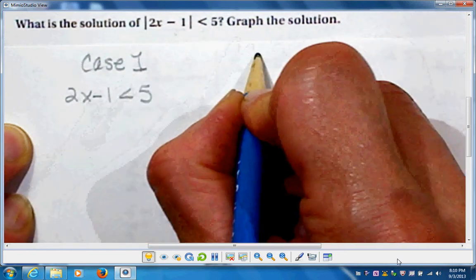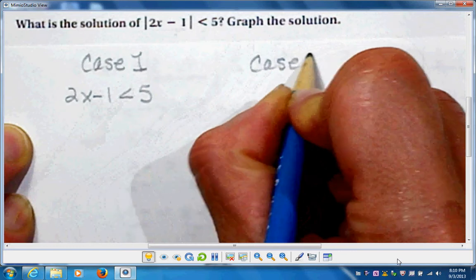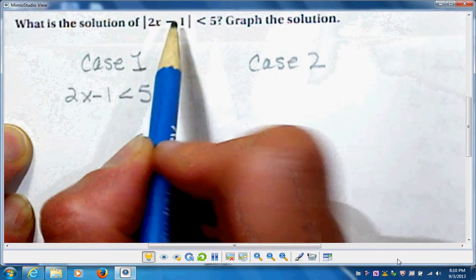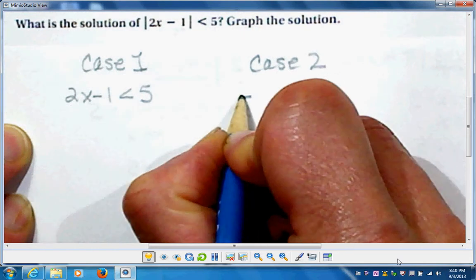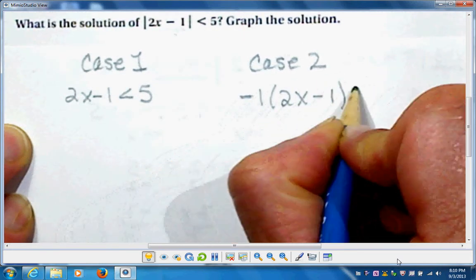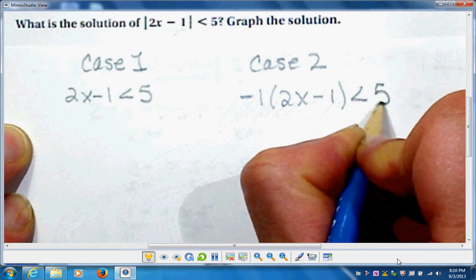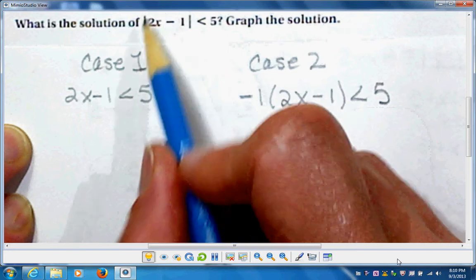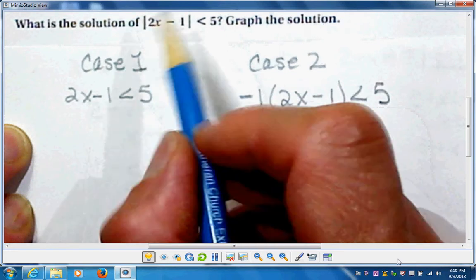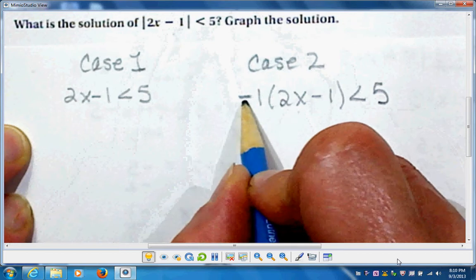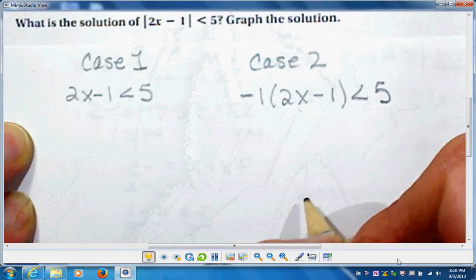Then case 2: this whole value could be negative, so it's negative 1 times 2x minus 1 is less than 5. All we did was take the positive as-is value, and then the opposite value, by multiplying by negative 1.